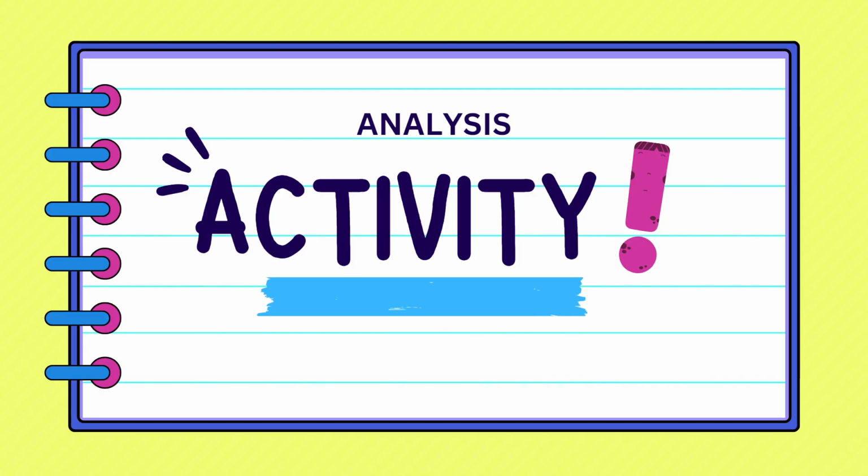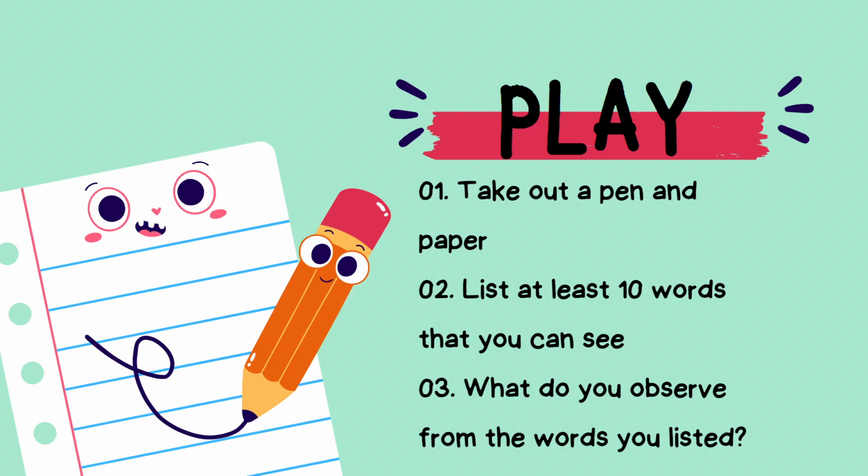So for the analysis, I had the idea to make an activity. I start by instructing the students to list words that they can see in their environment and later tell them that the discussion will be about nouns.